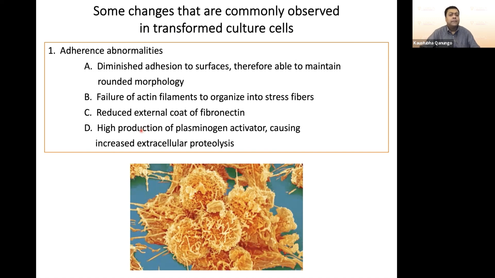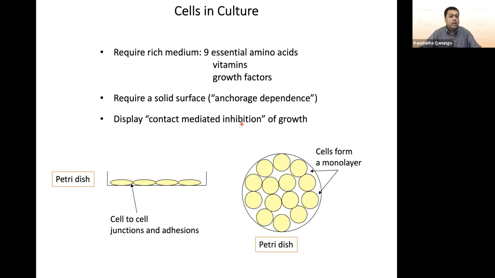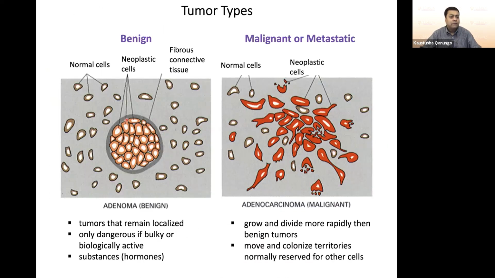Another thing is that outside these cells there is also a coat of fibronectin. This fibronectin is an ECM, or extracellular matrix, protein, and it is an attachment protein for these cells into the extracellular matrix. If we go back to the benign tumor picture, you have this fibrous connective tissue.